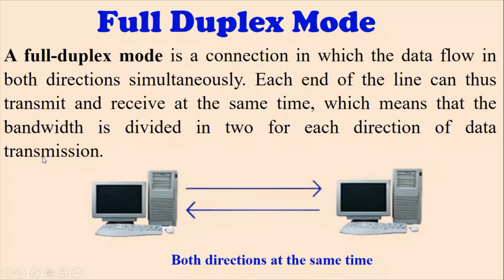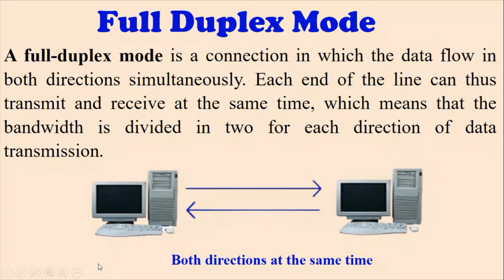In this mode, as the name shows, full duplex is using the full capacity or full bandwidth of the communication line. So in this mode of communication, data can be sent in both directions simultaneously.